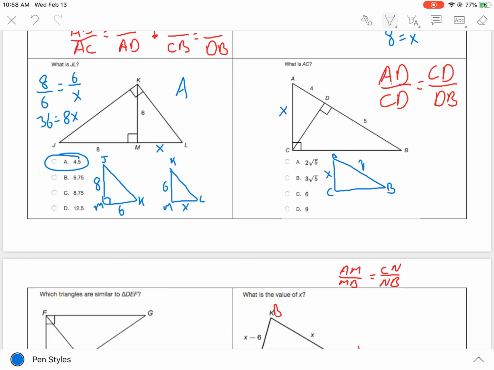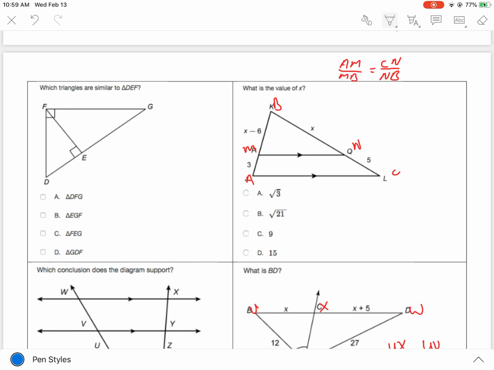Now this is x, this is 9. Then we did the little triangle, which is DAC. This is 4, this is x. We can say that x over 4 is equal to 9 over x. x squared is equal to 36, and x is equal to 6. Done.